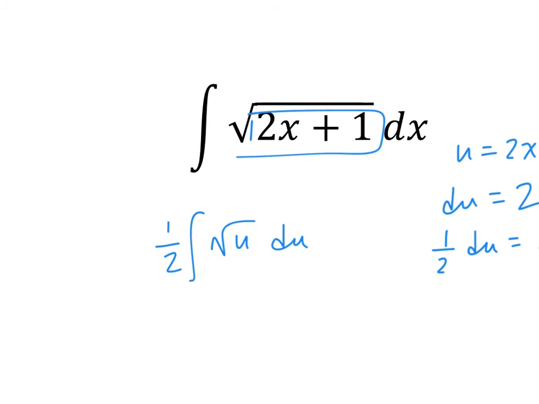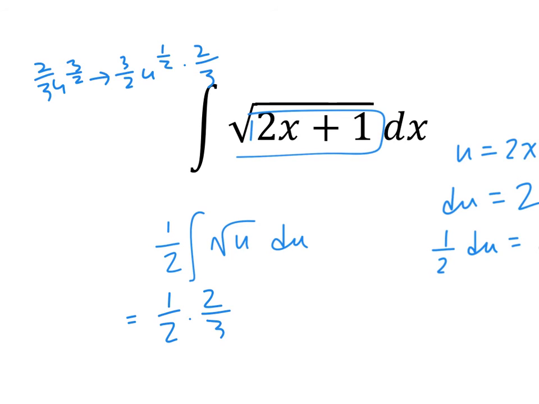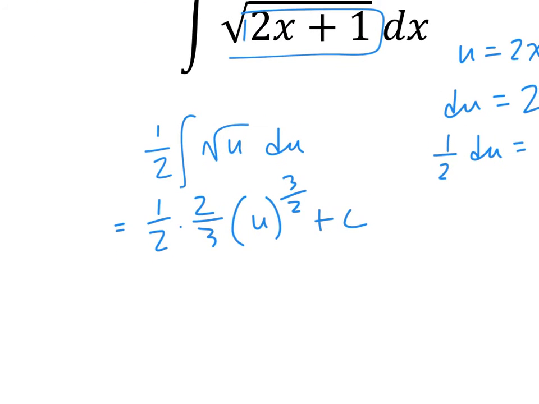The guess for the integral of square root u is u to the 3/2. The derivative gives 3/2 u to the 1/2. I don't want the 3/2, so I'm going to multiply by 2/3. So this becomes 1/2 times 2/3 u to the 3/2 plus c. So this becomes 1/3 (2x plus 1) to the 3/2 plus c.